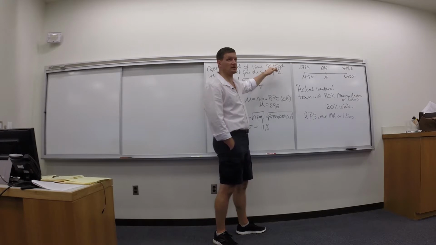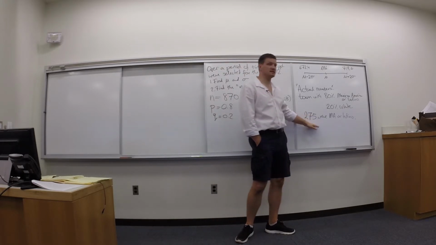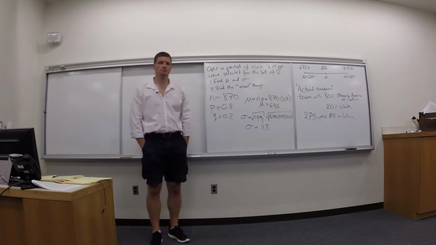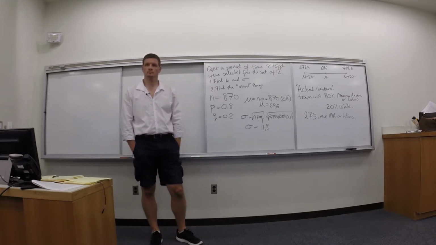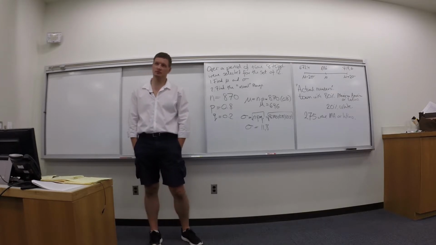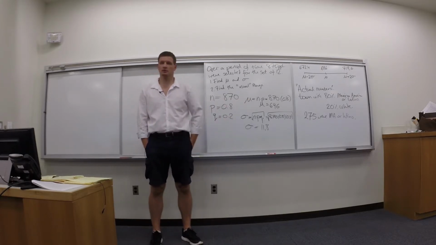Out of those 870 jurors, 275 were Mexican Americans or Latino. So the population minus? Hang on, right? Well, the question is, what do you do with this number? What does this number mean?